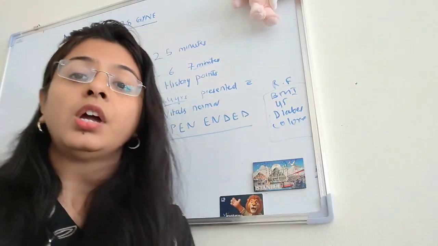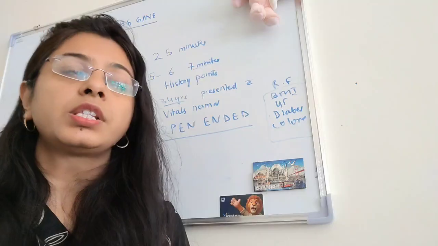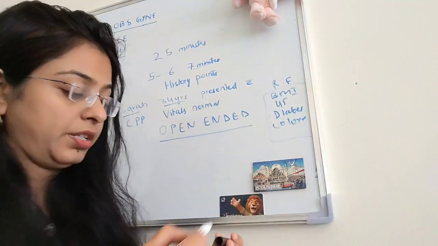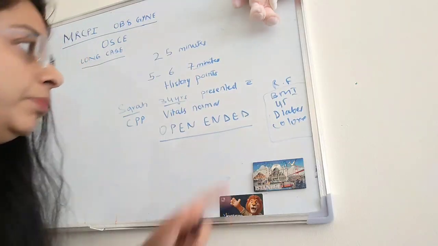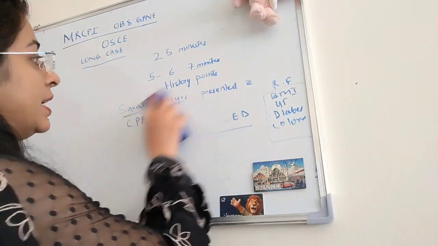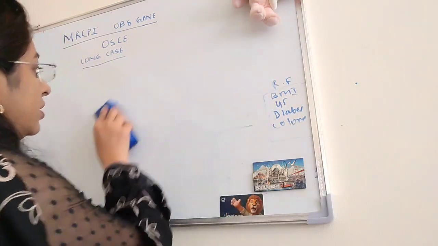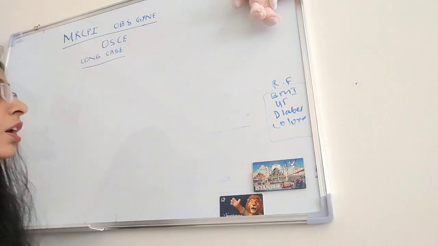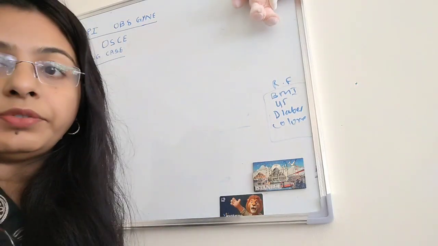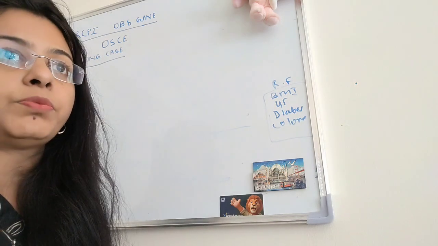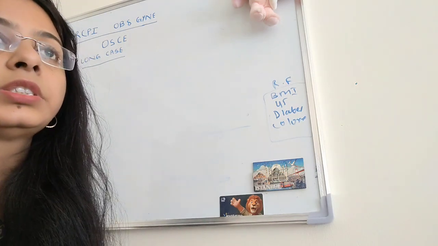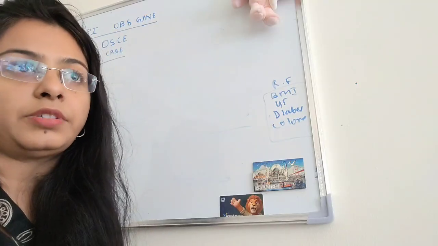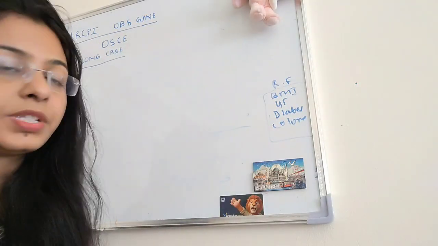That's very important. The first tip is to make one block for the risk factors on the paper. The second important tip: we all know that we start with the presenting complaint and HOPC, but with exam nervousness we can sometimes forget past medical history, surgical history, or obs history if it is an obs case.